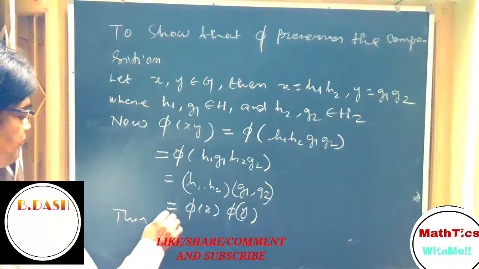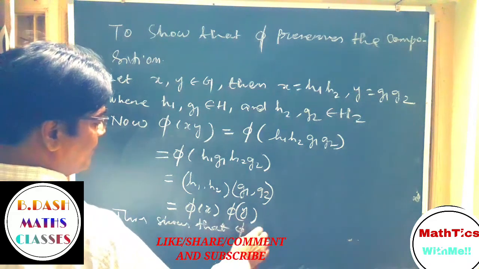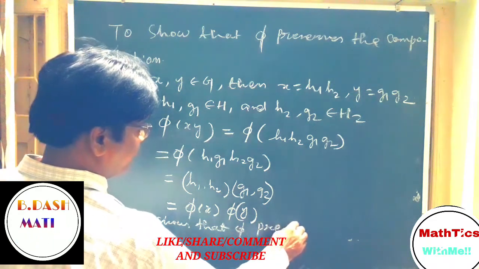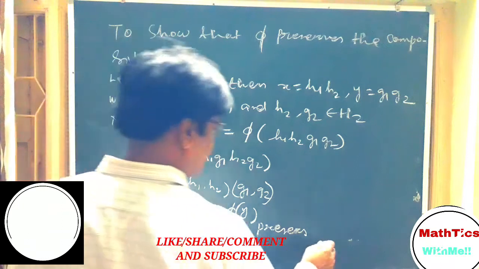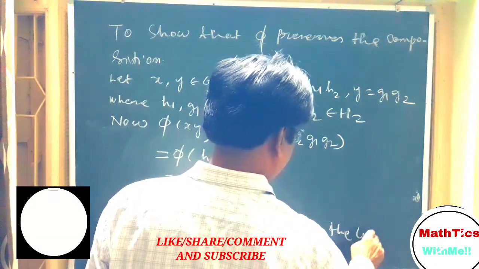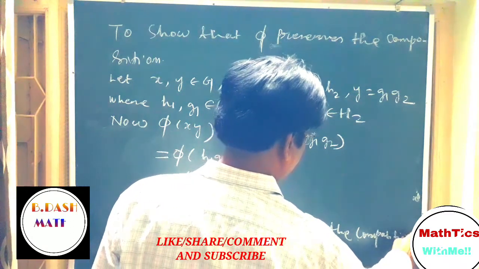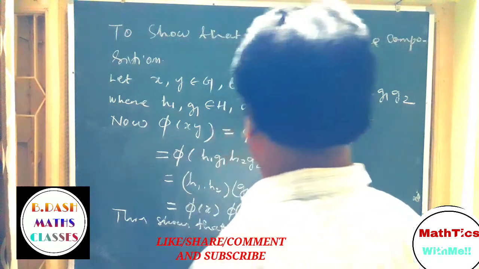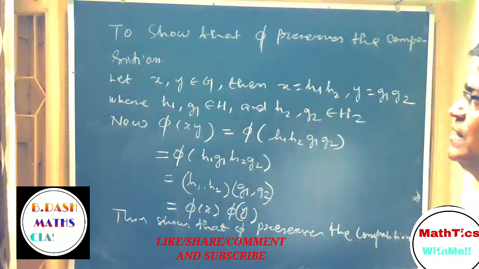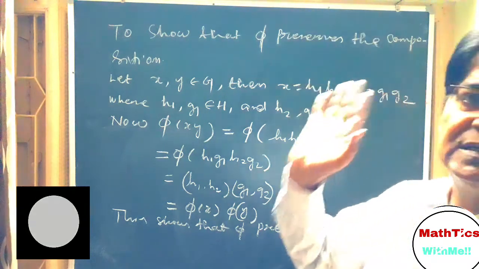So this shows that phi preserves the composition. So we have proved phi is 1-1.